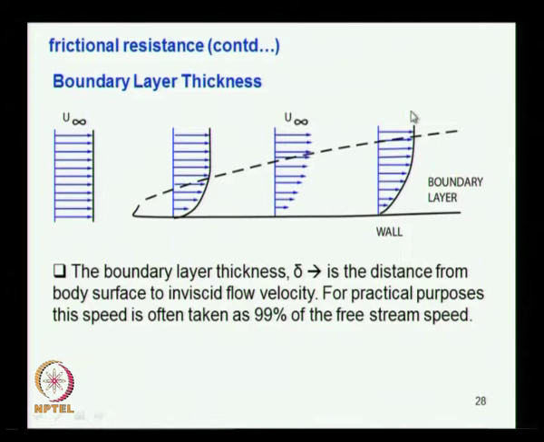So the transition from 0 to the free stream velocity here, and this point is taken as 99% of the free stream velocity. Here this point is 99% of the free stream velocity, and here also. So you connect all these 99% u infinity points, you get the boundary layer.